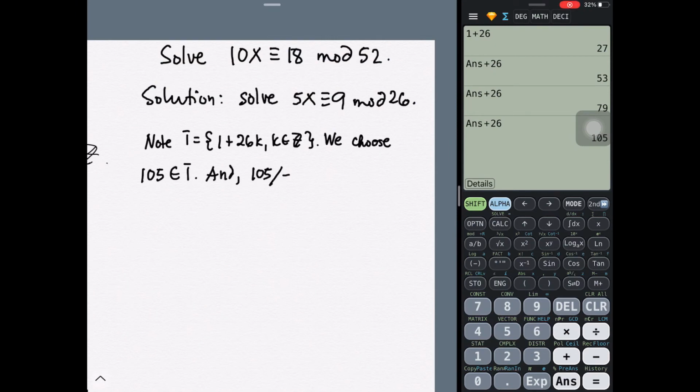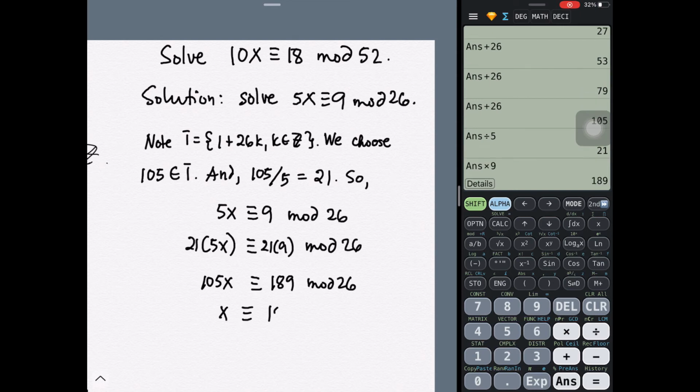After this, we have to get a multiplier for 10x and 18, and that multiplier is the quotient when we divide 105 by 5. Generally, that is the first member in the equivalence class of 1 divided by our a. So yes, we have a thorough discussion again for this method, so if you feel really confused at this time, it's preferable to watch that first.